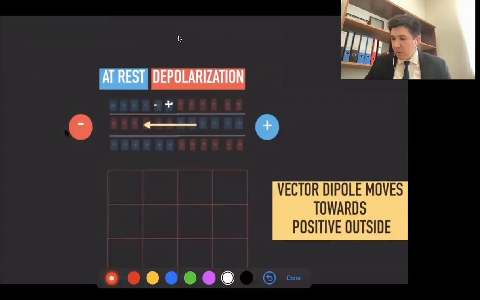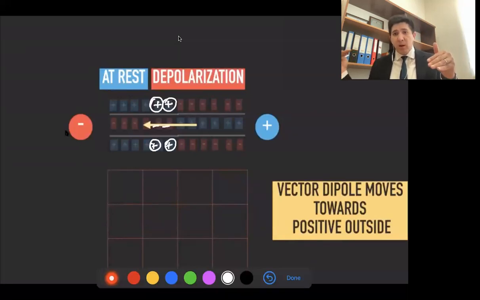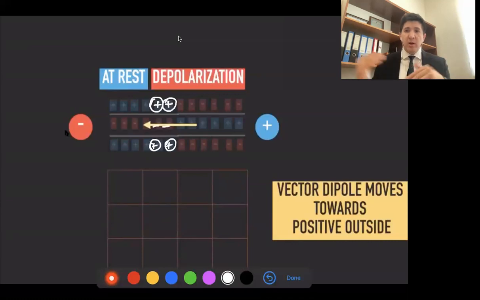So you've got positive, positive, negative, negative, because those cells on the left start repolarization, and they are going to repolarize one by one. The one on the left is going to be repolarized, then again repolarized, but the others on the right are still polarized. And at this stage, I'm going to measure the dipole, okay? And the dipole vector now moves in that direction, again, into the direction where we've got positive charge outside.